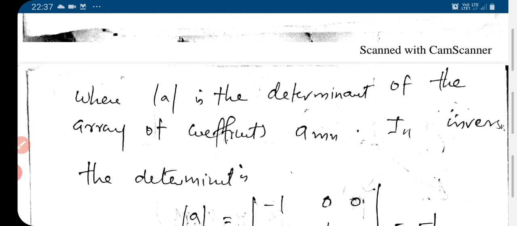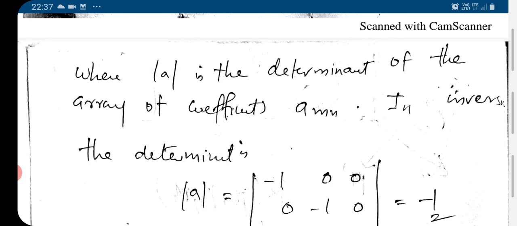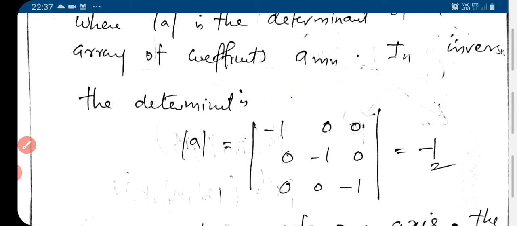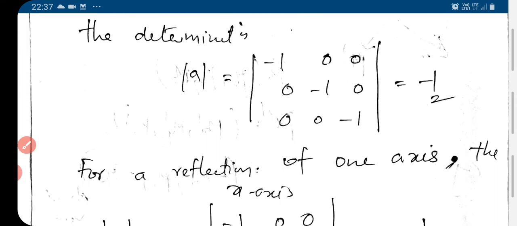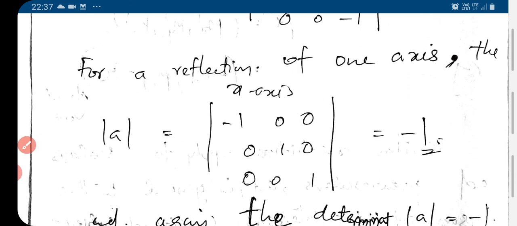The interesting thing is the determinant of the array of coefficients A, its value is -1 for reflection. Previously we had taken reflection along the y-axis, so we had -1 there. If we take reflection along the x-axis, we also have -1.